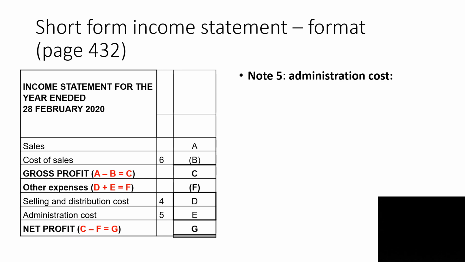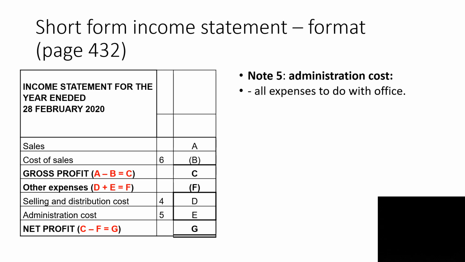Now how do we calculate the administration costs from note 5? These costs have to do with the office duties, anything to do with the office. You will notice that the expenses themselves will have a prefix: office rent, office insurance, office water and electricity, office stationery.